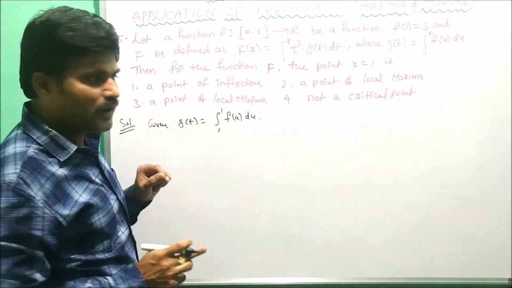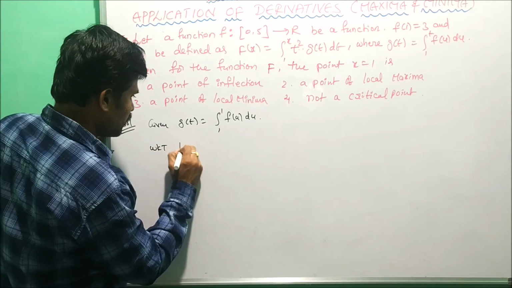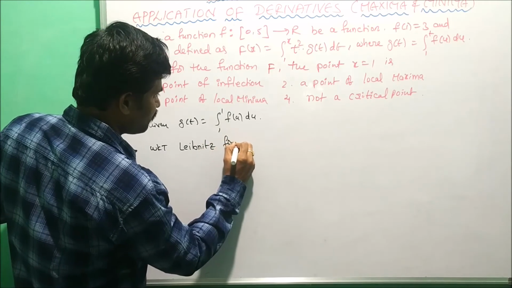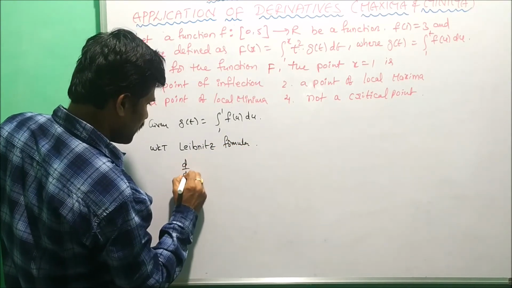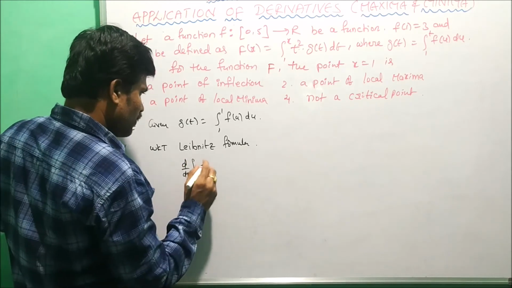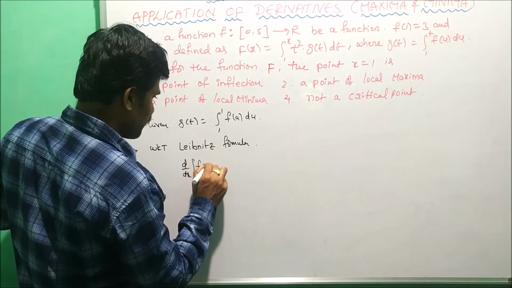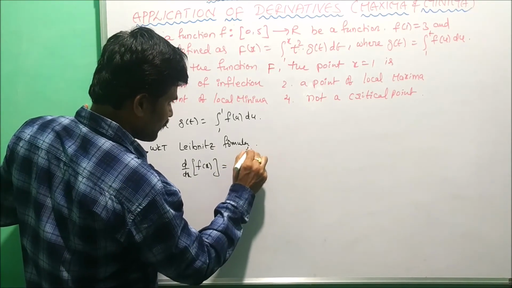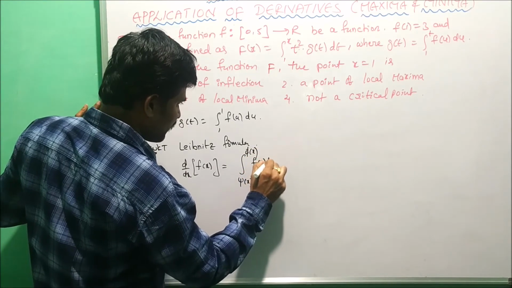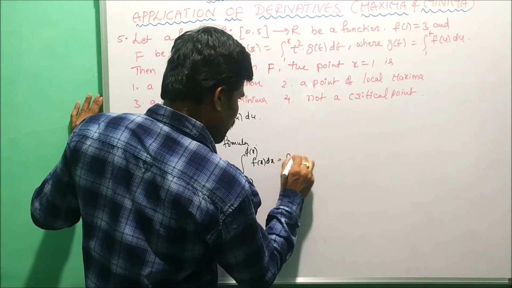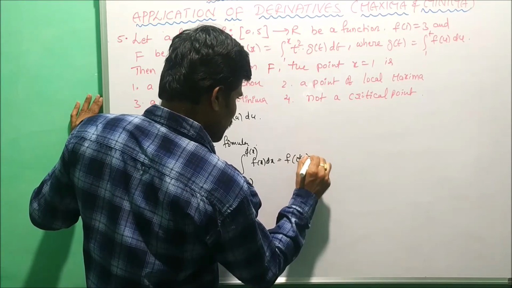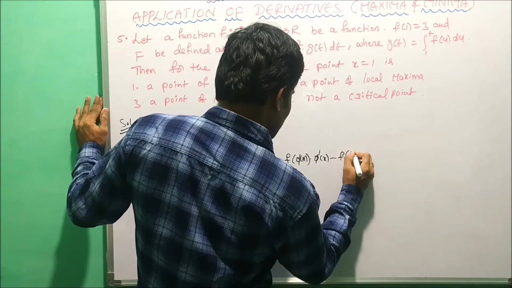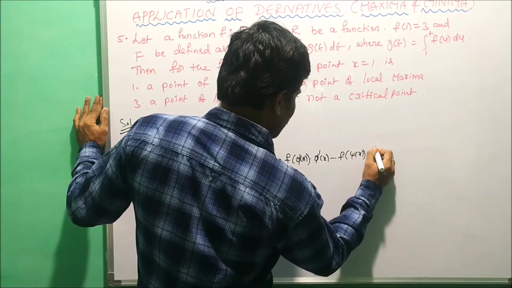Now using the Leibniz formula, we know that d by dx of f of x equals integral psi x to phi x f of x dx equals f of phi x into phi dash x minus f of psi x into psi dash x.